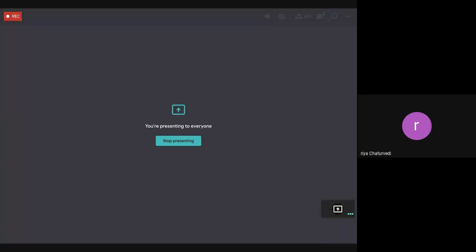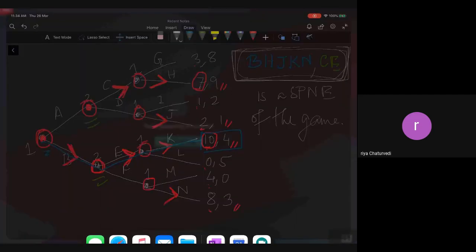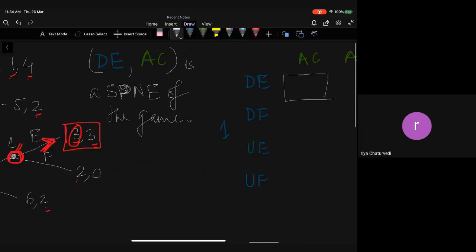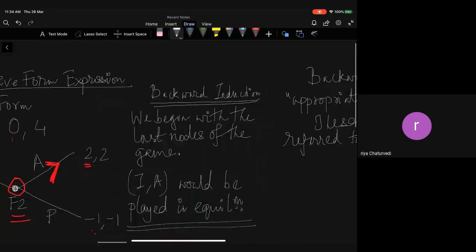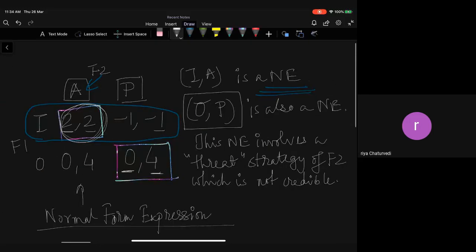Yes, Professor. Could you explain the logic behind, I didn't really understand how you arrived at the Nash equilibrium for the first example, the in and out example? How you arrived at the Nash equilibrium in the normal form, the 2-2. This one, right?